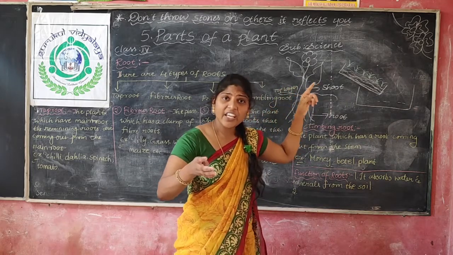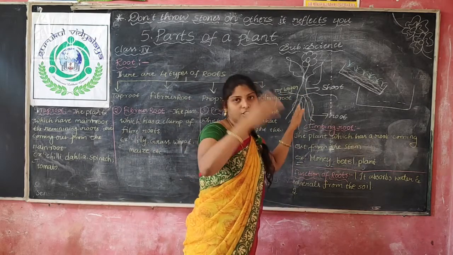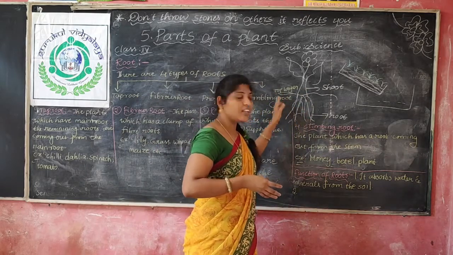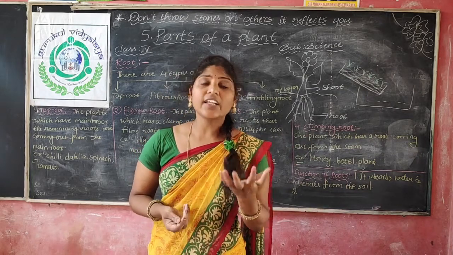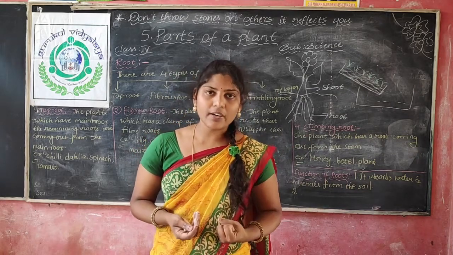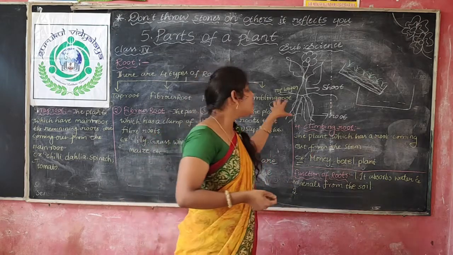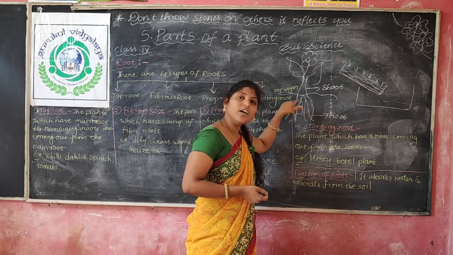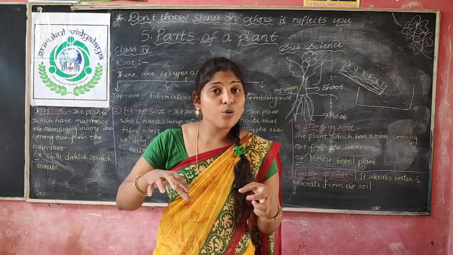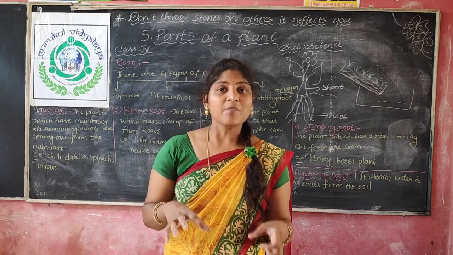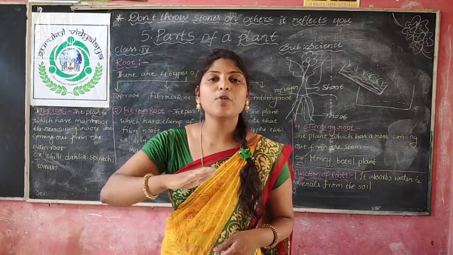So when heavy rains or floods or anything comes, the topmost layer vanishes. Vanish means blowing away. Then the minerals and all are blown away. Then the roots cannot absorb those minerals, and the plant may die also. So to prevent that, what are the roots doing? They are holding that soil. When they hold the soil, even though there is heavy rain, the topmost layer cannot be blown off.